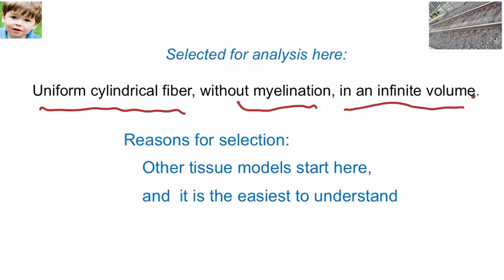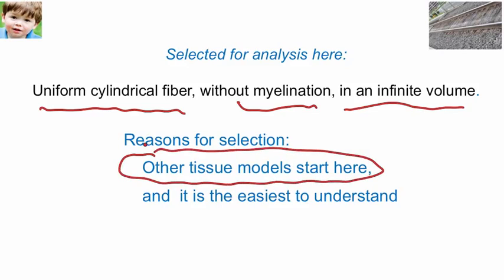There are two good reasons for starting with this model. One is that most other tissue models start from here. People first understand how the cylindrical fiber works, and then they modify it or build on it to get a more complicated structure. The corollary is the uniform fiber model is the easiest to understand.